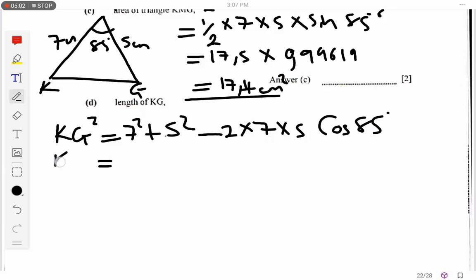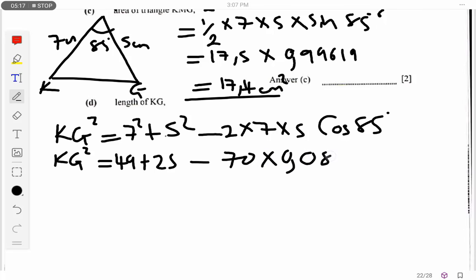Okay, so our KG squared is equal to here 49 plus 25 minus here I've got a 70 here, then cos 85 degrees I'm getting here 0.0871. Let me just confirm cos 85. Let me just confirm quickly. Cos 85. Okay, that's correct.